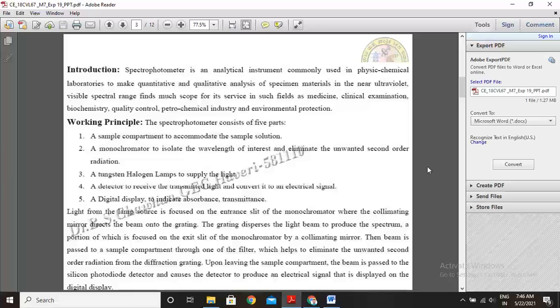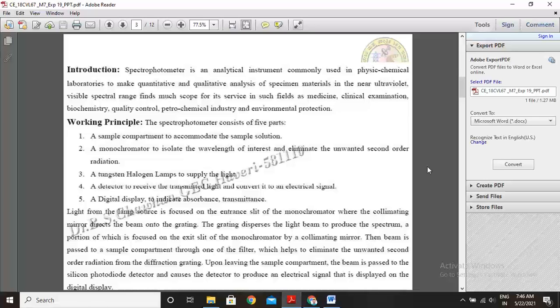Spectrophotometer is an analytical instrument commonly used in physicochemical laboratories to make quantitative and qualitative analysis of specimen materials in the near ultraviolet.